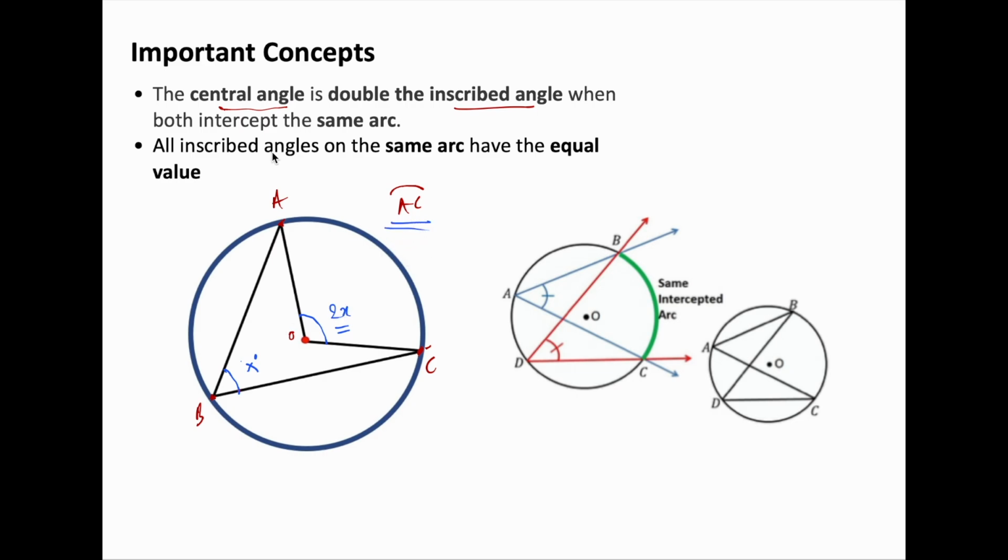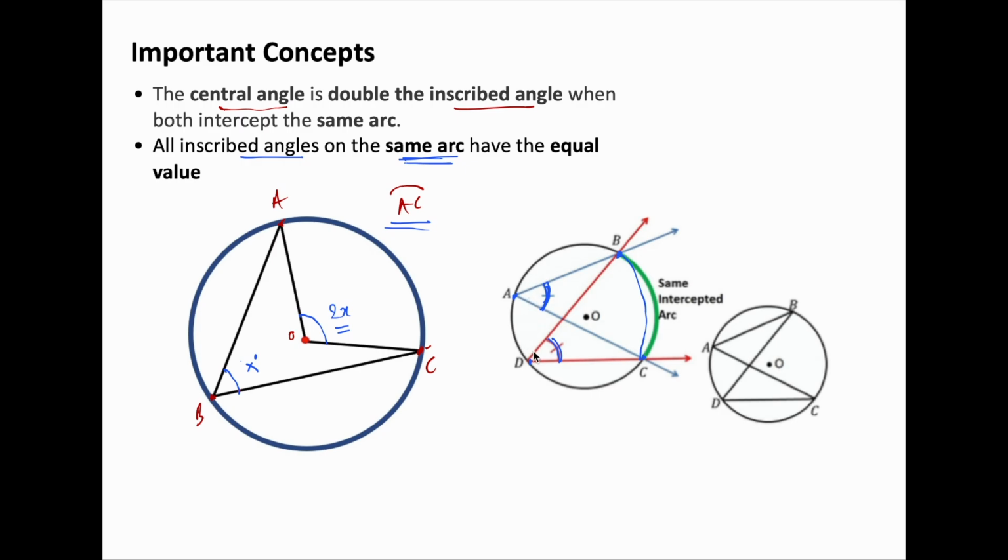Another important concept to know is about the inscribed angles in the same arc. Inscribed angles are the angles that are on the circumference of the circle, for example, these two. And if they have the same arc, their value will be the same. So this angle is equal to this angle because they share the same arc BC.